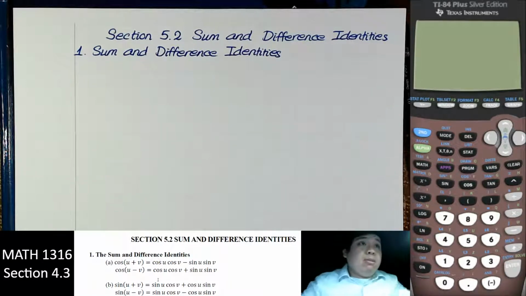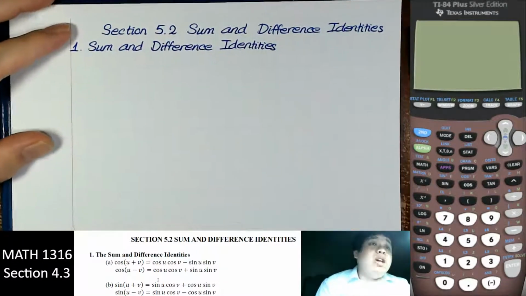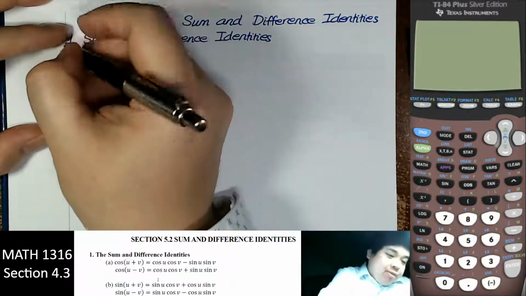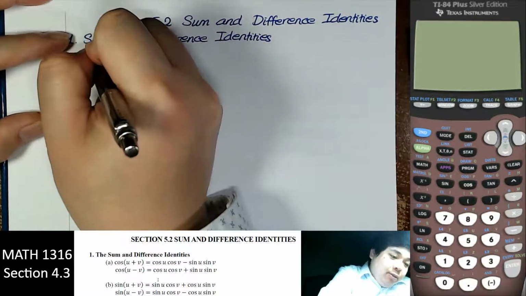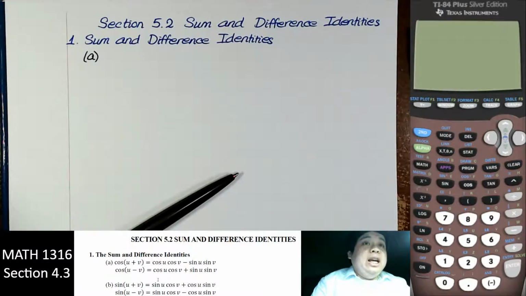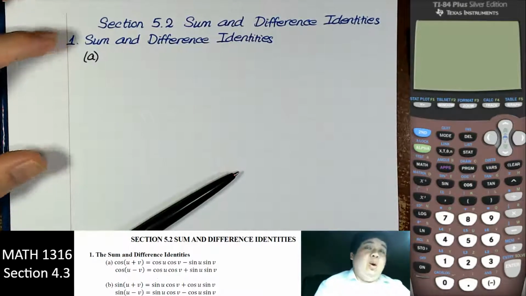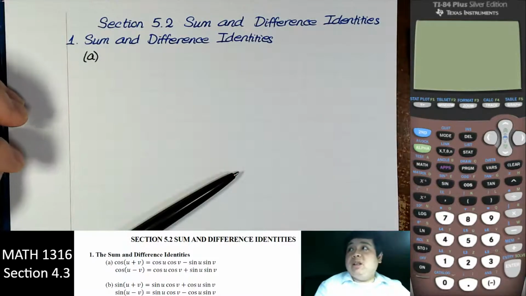Now, out of all of the identities that we learned in this chapter, this one is the most difficult to prove. Because of that, if we have to choose something to memorize, these sum and difference identities are the only thing that I memorize.